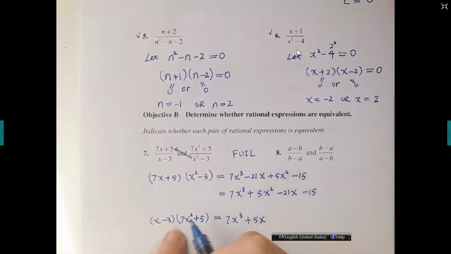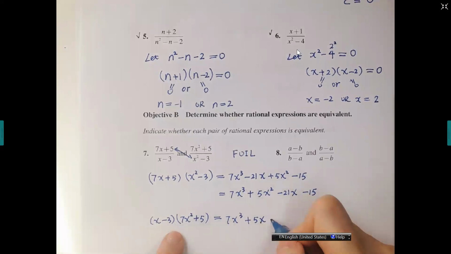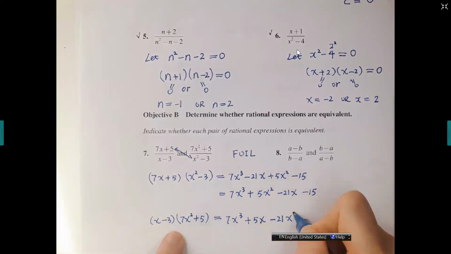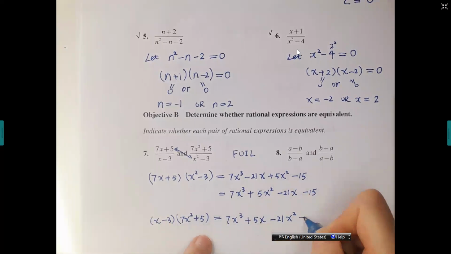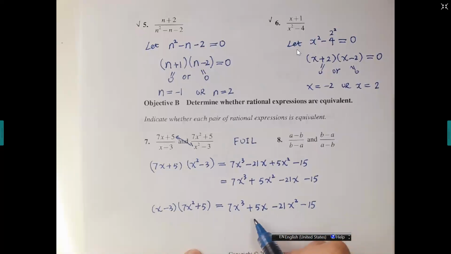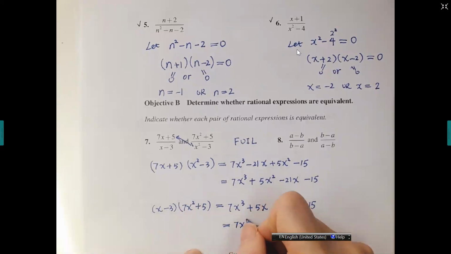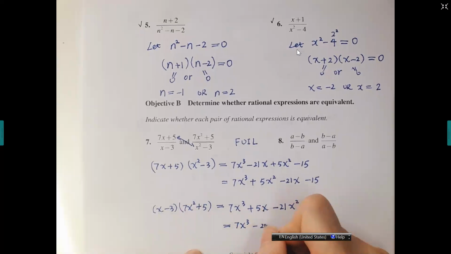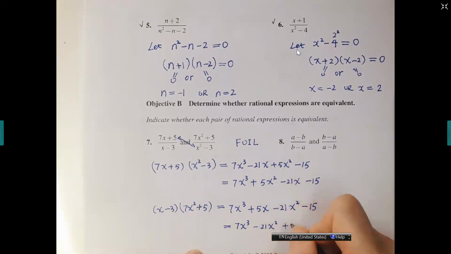Inner, negative 3 times 7x squared, negative 21x squared. Last, negative 3 times 5, negative 15. And again, this is also not in order yet. We are going to sort all the terms: 7x to the third, and then minus 21x squared plus 5x minus 15.